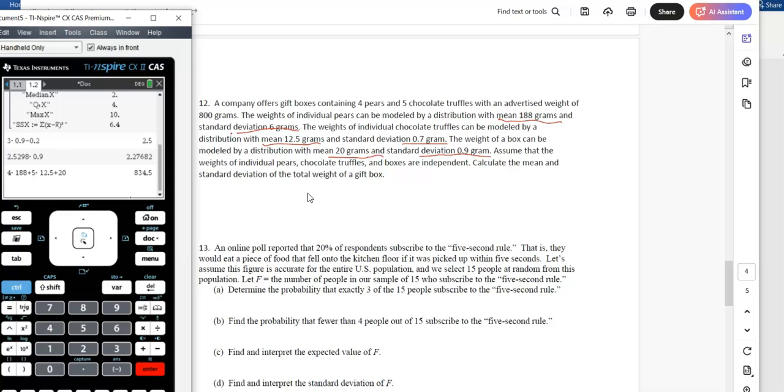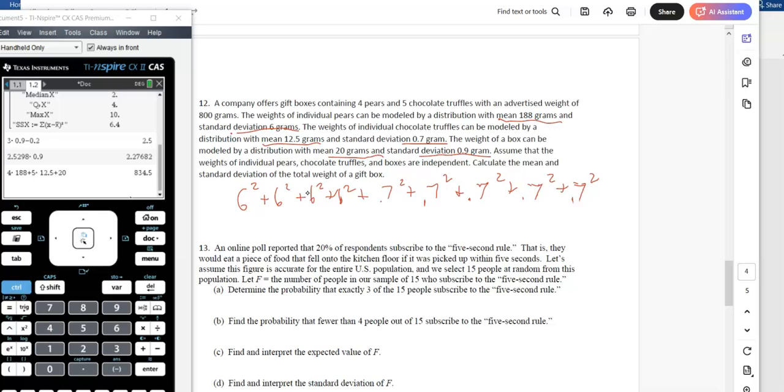So you're going to add the variances: 6 squared, plus 6 squared, plus 6 squared, plus 6 squared for the four pears. The next one is 0.7, so 0.7 squared plus 0.7 squared, there are 5 of those for the chocolate truffles, plus 0.7 squared, plus 0.7 squared, plus 0.7 squared.